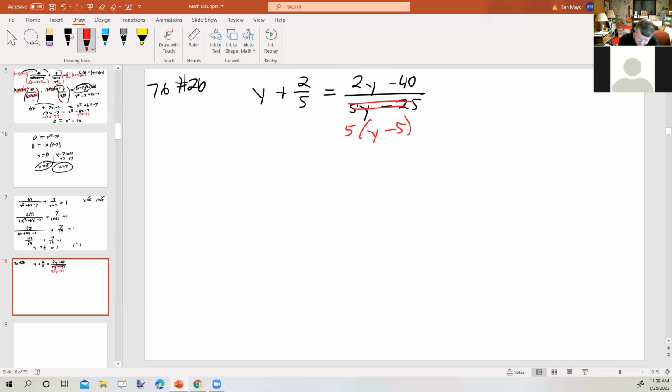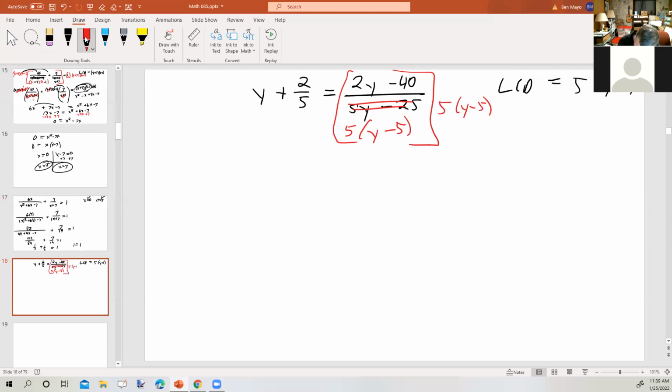So now my LCD is 5 times y minus 5. All righty. So again, I'm going to multiply that side by 5 times y minus 5 and that side by 5 times y minus 5.